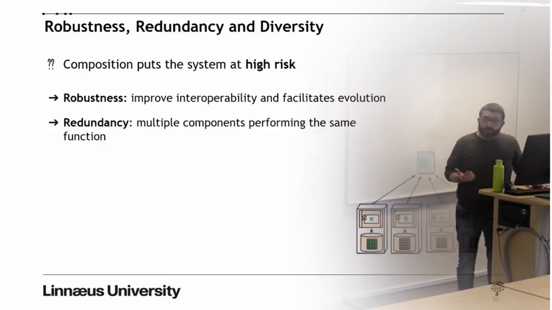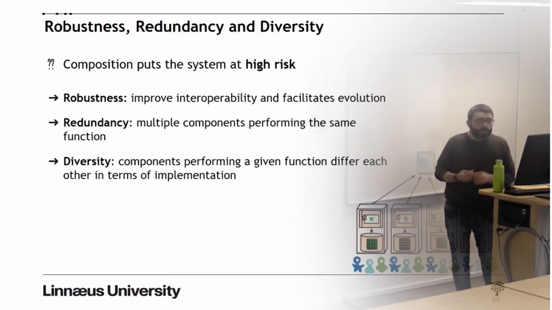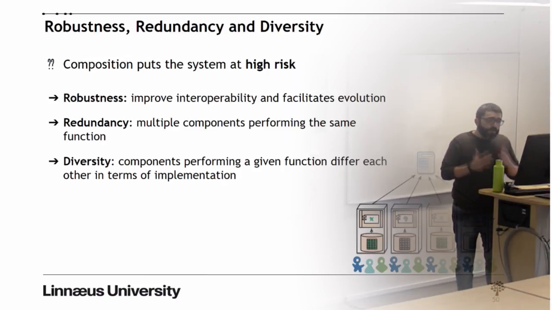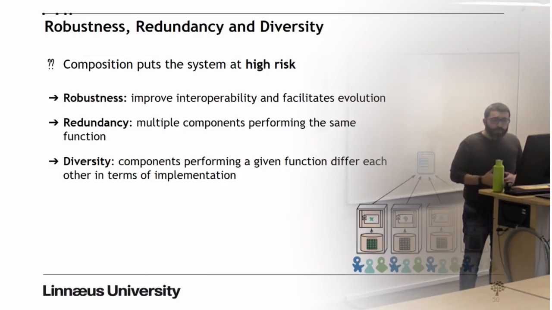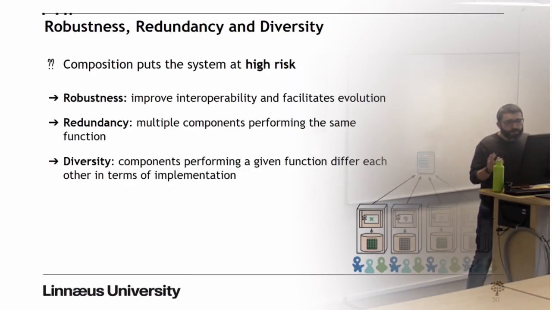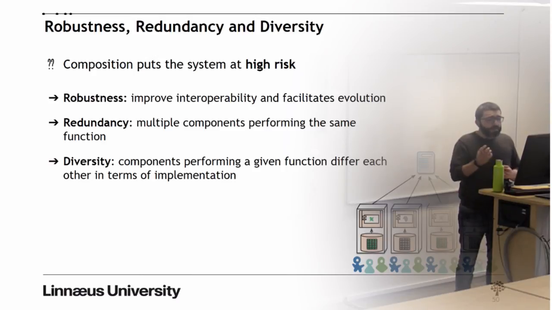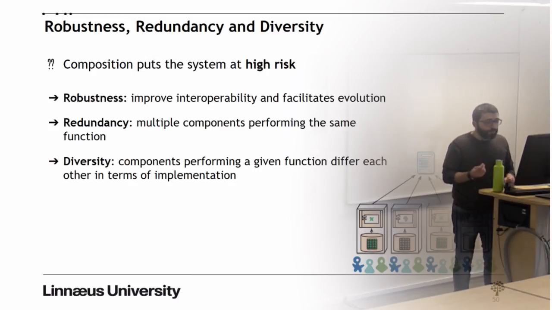But redundancy is not enough if we don't also have diversity. Different services performing the same application must differ from each other in terms of implementation. If we have a bug in the microservice and then use many different replicas for redundancy of the same service, then the same bug will affect all the instances.